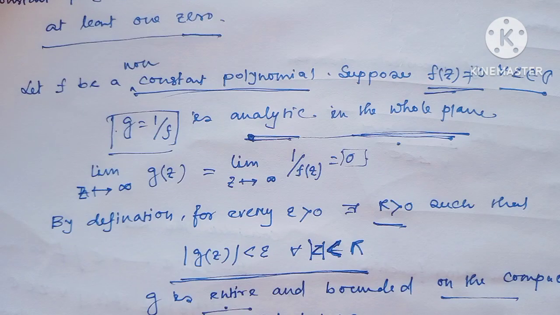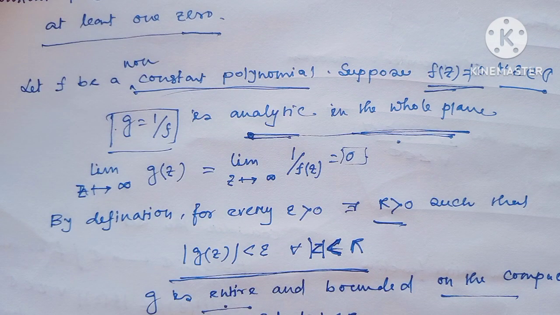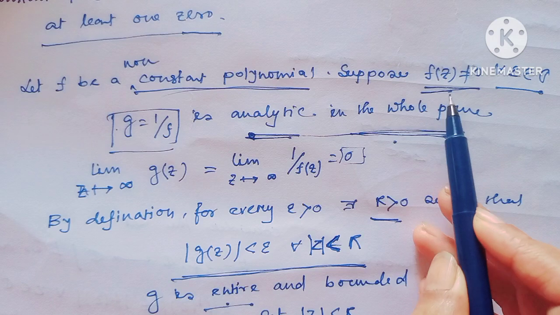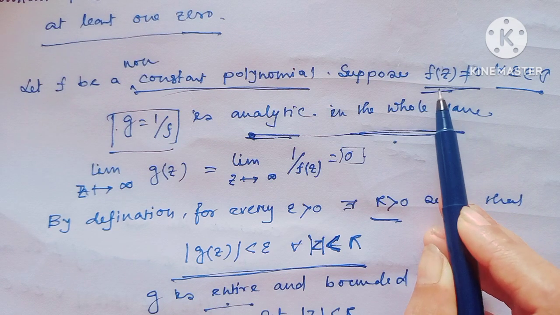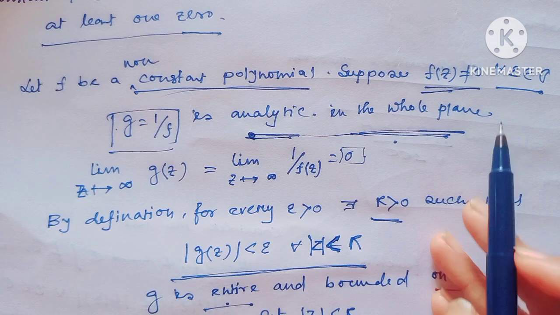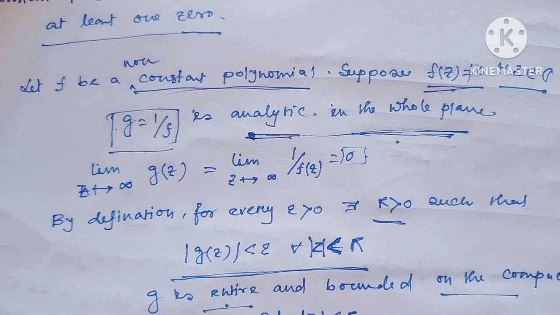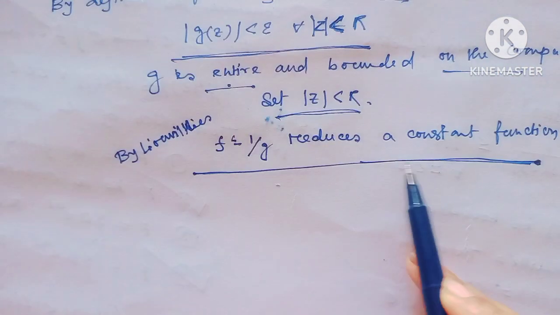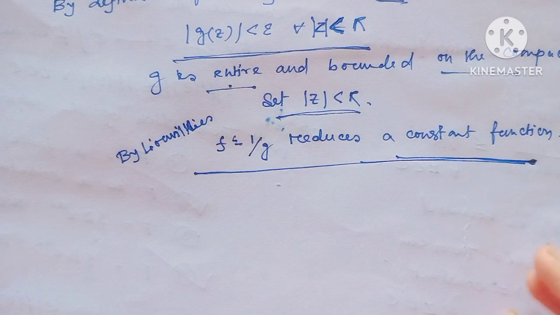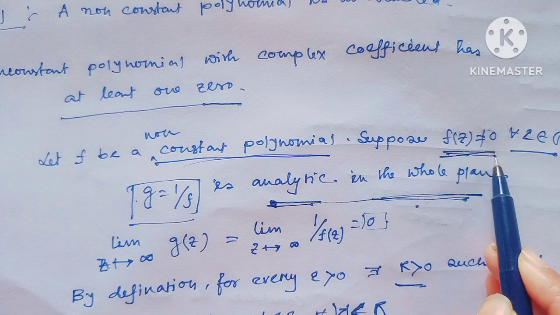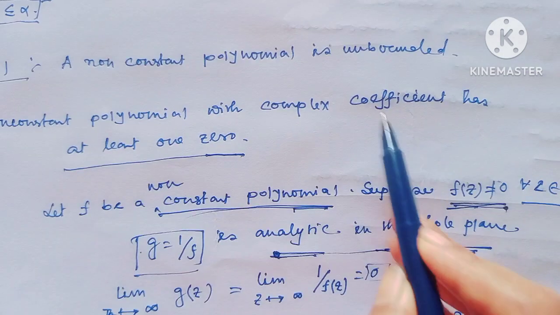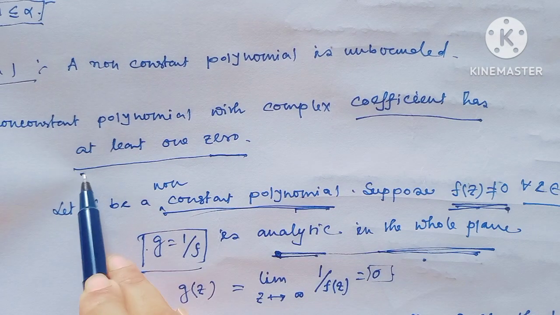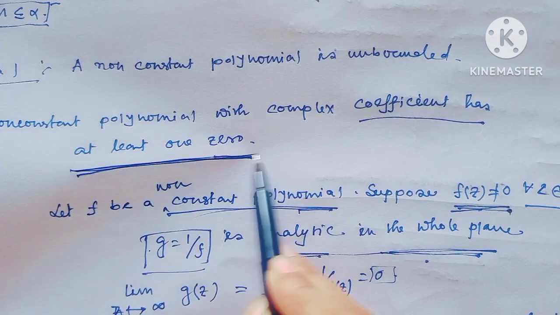Therefore, our assumption is wrong. Here I have assumed f(z) has no zeros. But if f(z) has no zeros, then it reduces to a constant function. This violates our assumption. So, a non-constant polynomial with complex coefficients always has at least one zero.